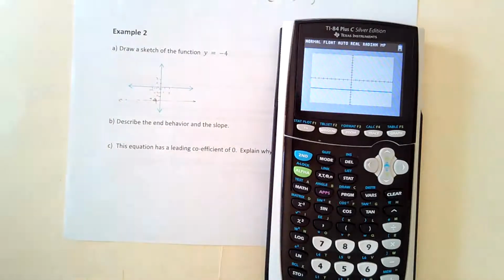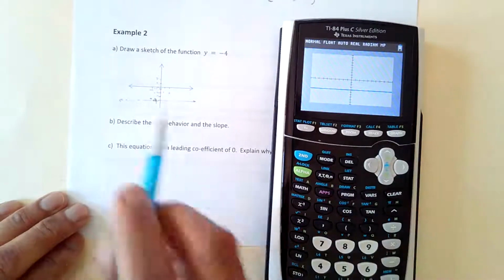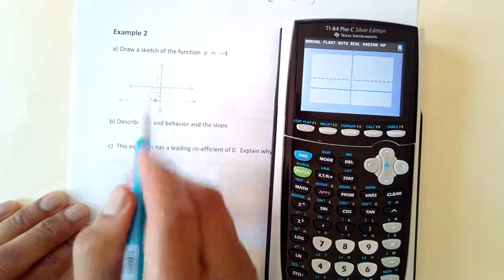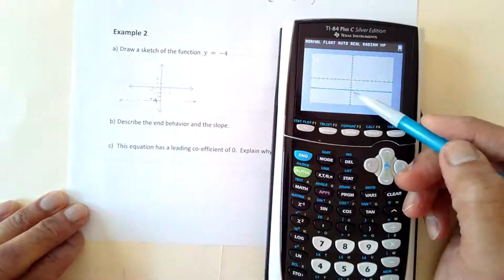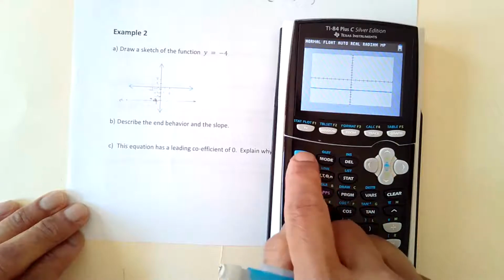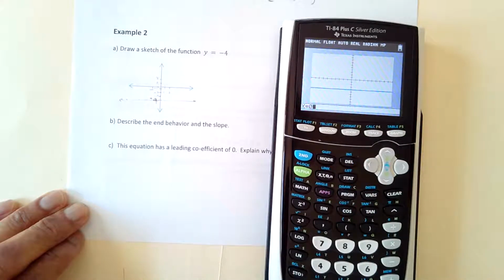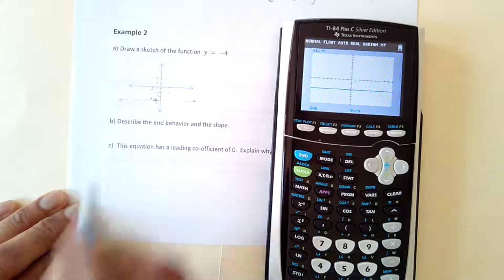So there's no x-intercept here. My y-intercept would be negative 4. Let's verify it. Second trace, value, x equals 0, y equals negative 4.